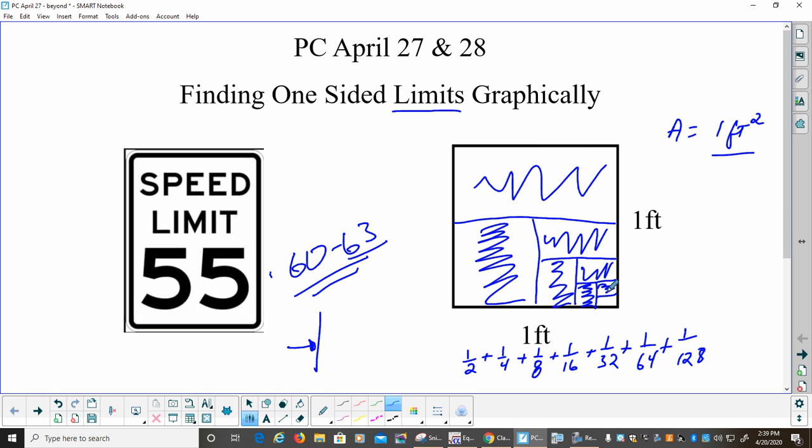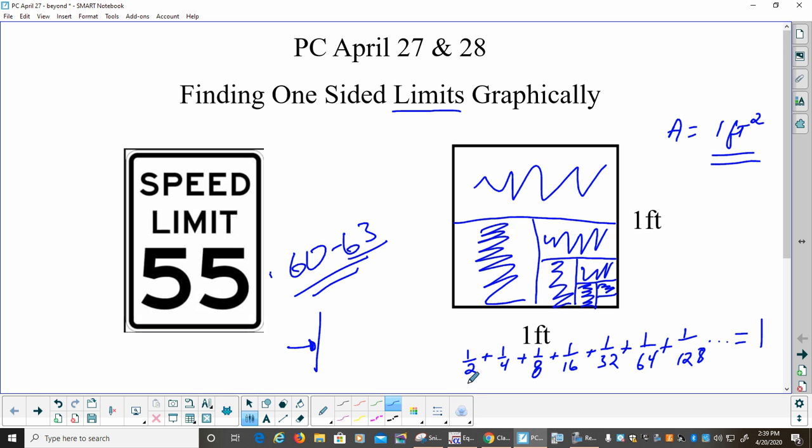If I stop cutting pieces out and setting them aside, this is not going to be equal to 1 square foot. But if I did this forever, never stopped, continued to do this forever, what will the answer be? 1. Because the sum of all the pieces needs to add up to the whole.